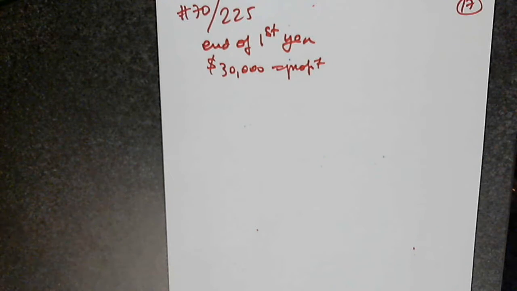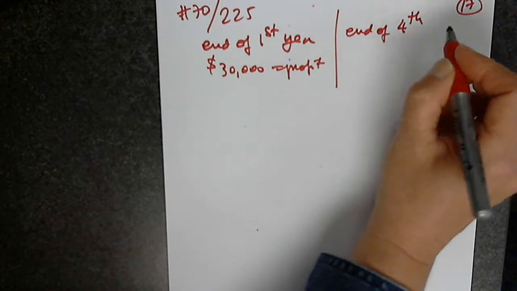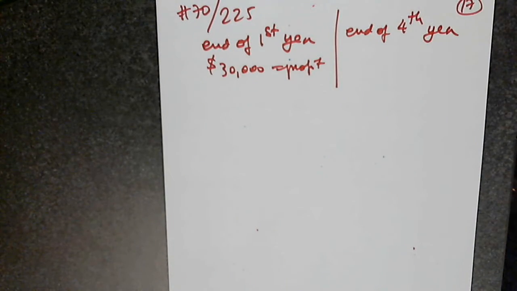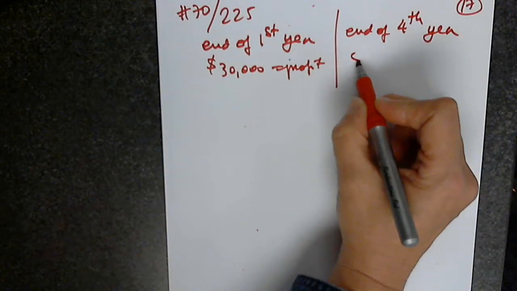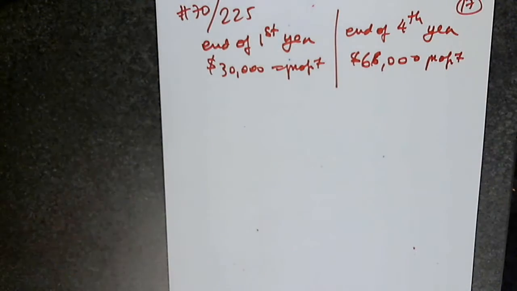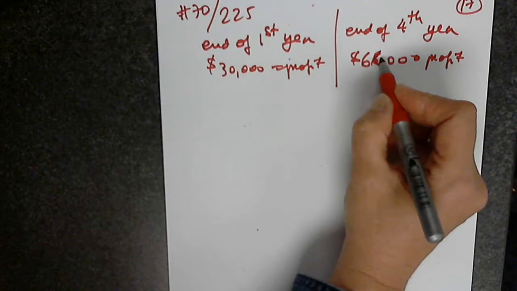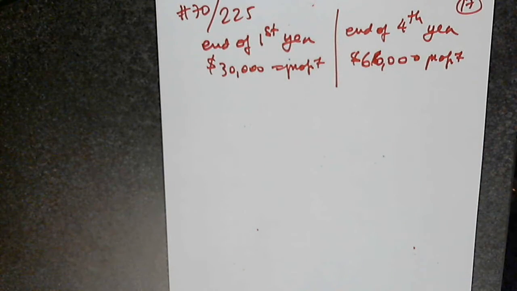At the end of the fourth year, profits were $66,000 profit. Assume that the relationship between years on the market and profit is linear, and write an equation describing this relationship.